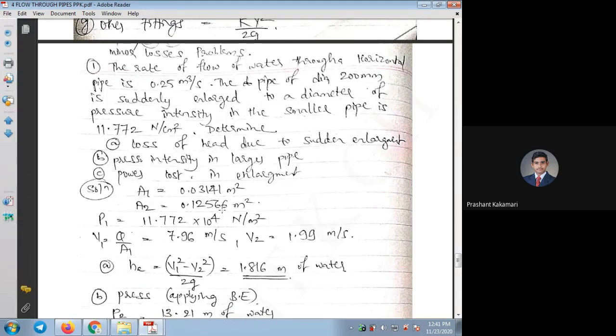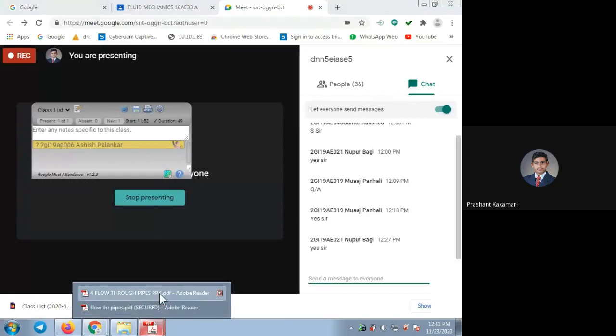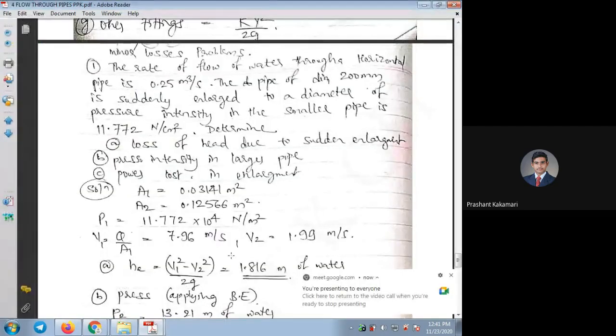Once the flow enters from the small pipe to the big pipe, velocity is going to reduce. That's why V1 is the higher value, V2 will be the lower value. What is the diameter D2 in this problem?